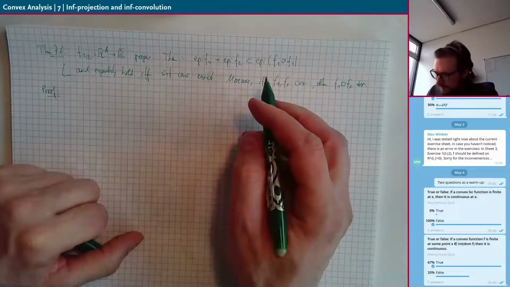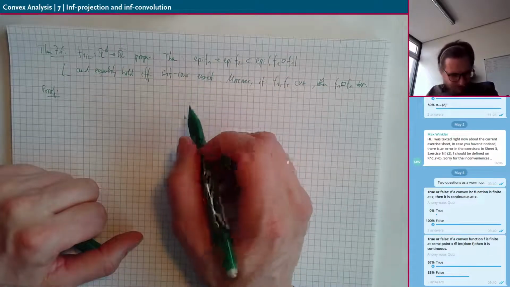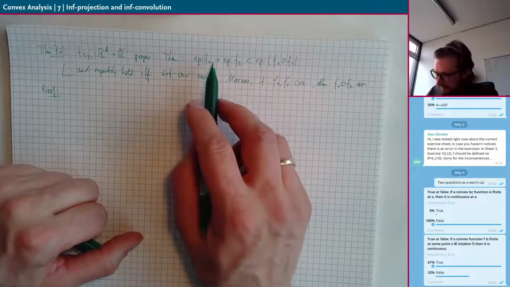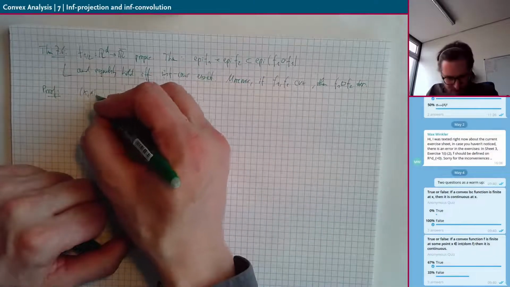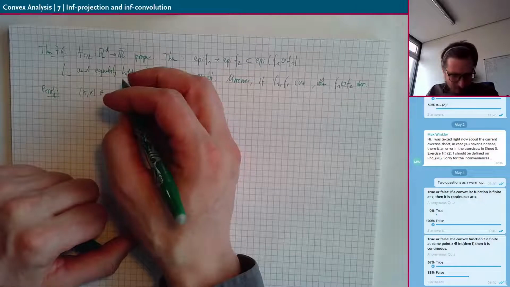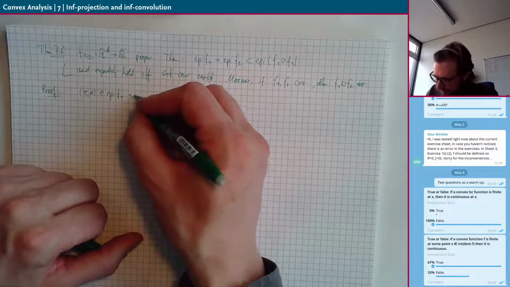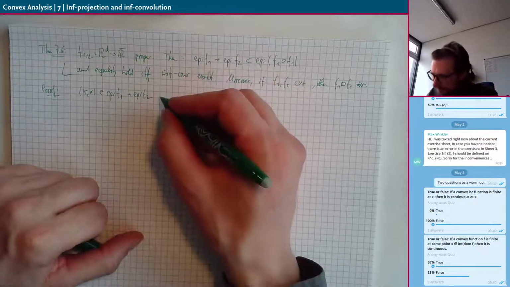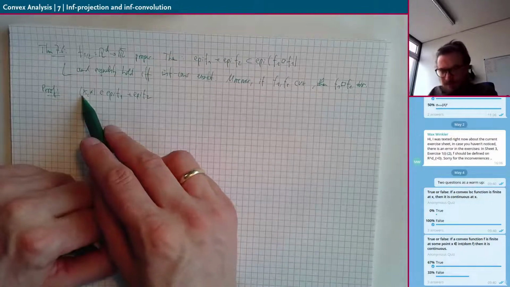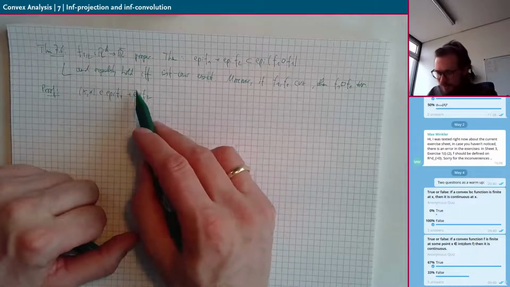First we show the inclusion. So we show that something from here is also contained in there. Let's take (x, alpha) in the left-hand side, which means in epi f1 plus epi f2. What does it mean? It's an element in the sum of two sets, which means you can decompose it into an element from here and another element from there.